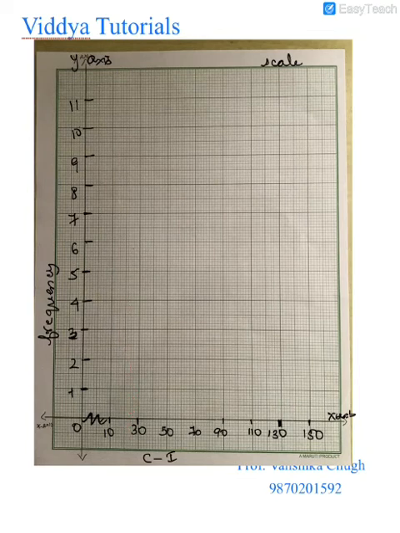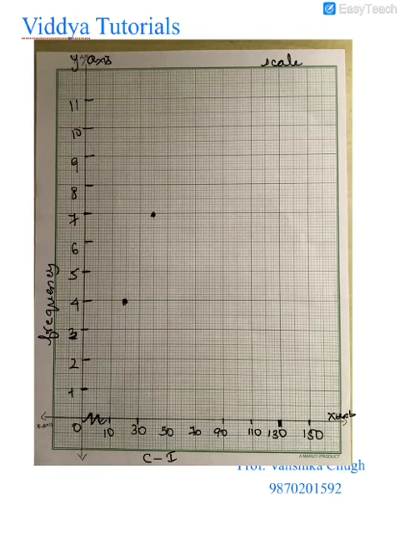So this is my first point. Then comes 30 to 50, my class mark is 40 and the frequency is 7. So I plot it over here. So this is my second point.